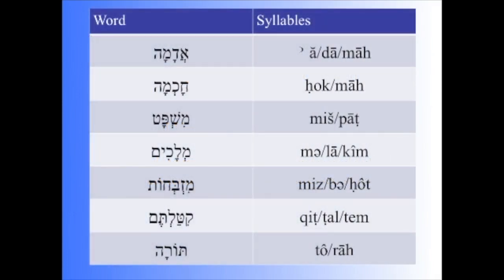So let's look at some examples of Hebrew words and how we might divide them into syllables. When we look at this first word, we notice that the first three consonants all have vowels underneath them. There are no silent shvas.